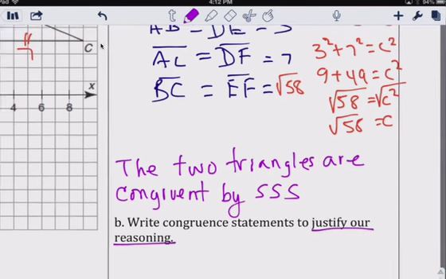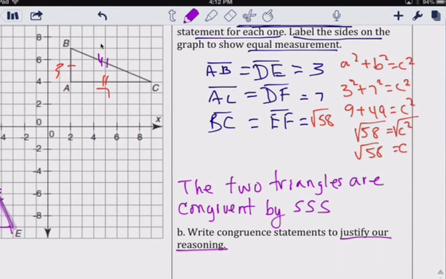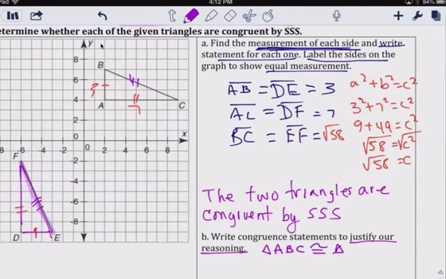We know that triangle ABC is congruent to triangle DEF. So A is the same as D, B is the same as E, and C is the same as F. Okay?